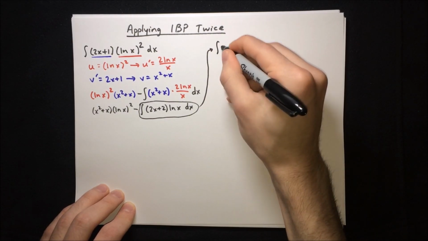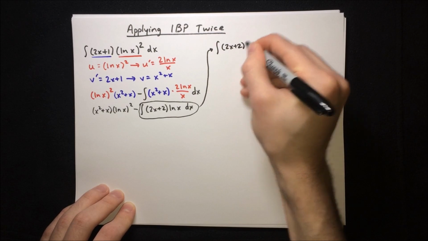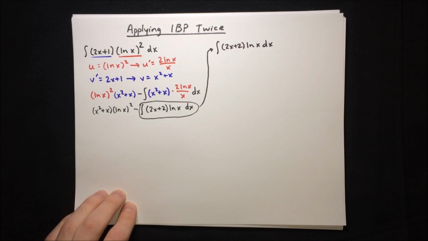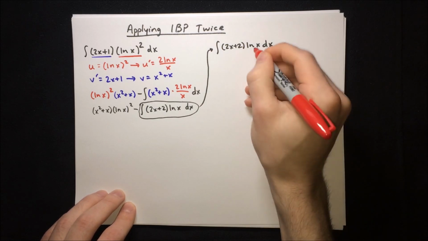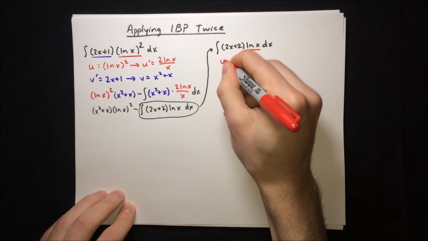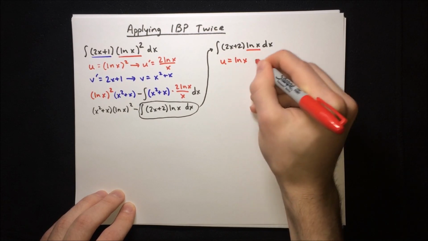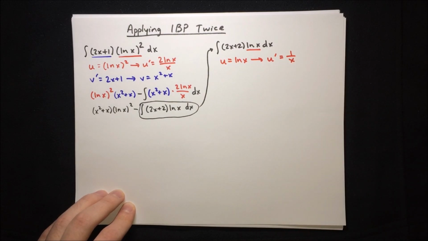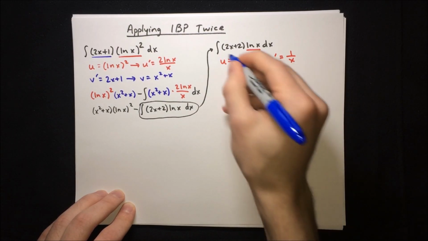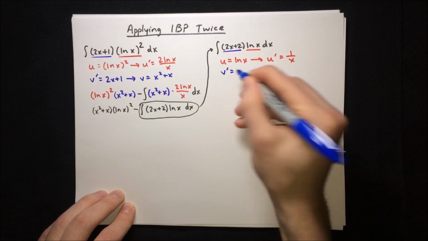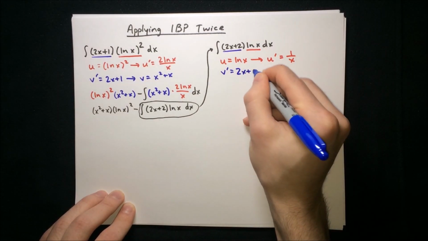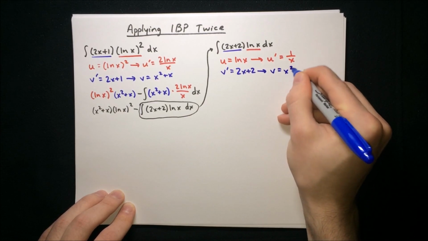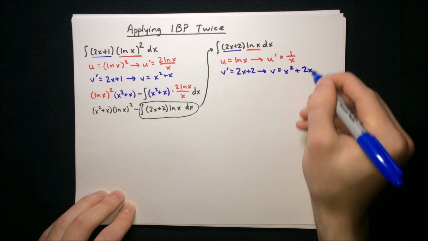So we'll move it up over here, 2x plus 2 ln x dx. And then we will set u to be that ln x, which means that u prime equals 1 over x, totally gets rid of that natural log, and then v prime will be that 2x plus 2, which means that v equals x squared plus 2x.